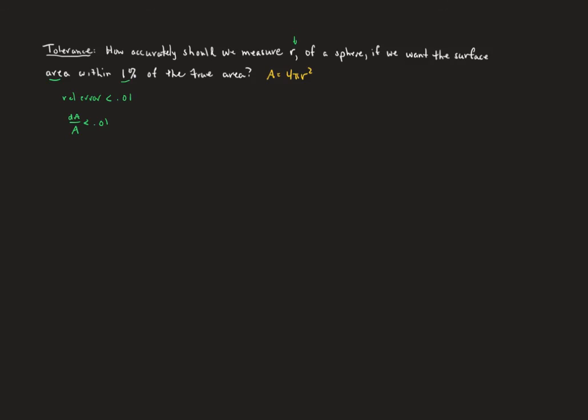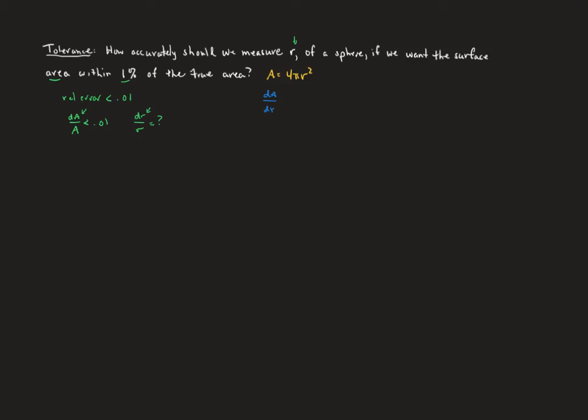So what we're trying to find is dr over r, so that we can then make that into a percent to say what percent accuracy we need in the measurement of the radius. The dr represents the error in measuring the radius, and the dA is measuring the error in computing the area given our potentially flawed measurement of the radius. Okay, there's the background.